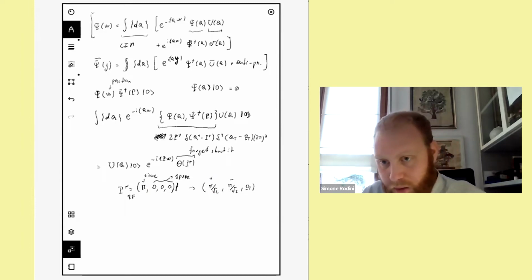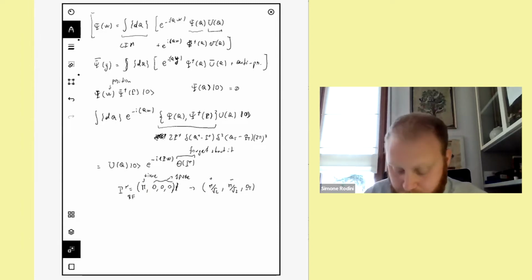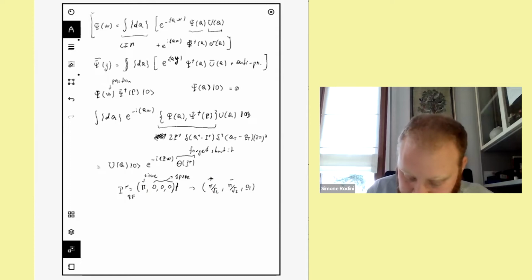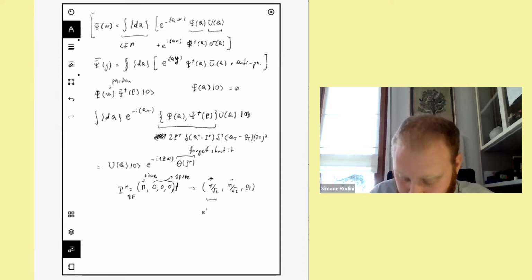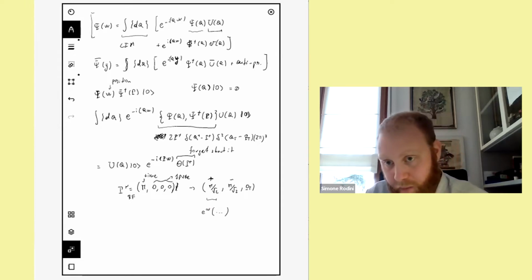As you see in the lectures, any vector is boosted if you boost along the light front, which is what we are doing. The plus and minus momenta basically get something that looks like e to the omega times whatever is there.